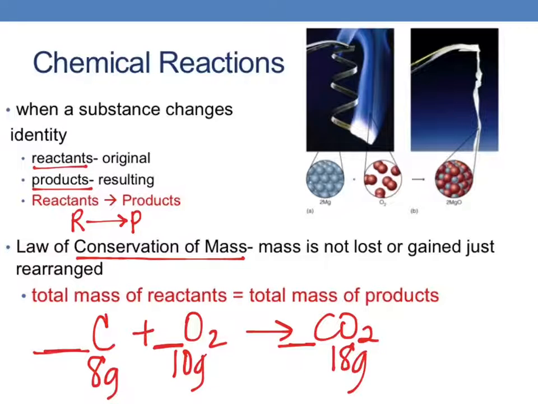But what you need to know is it says, write the formula equation for each reaction. So that's what I've done here. I have carbon plus oxygen gives me carbon dioxide. The second part of your directions says to balance the equation.